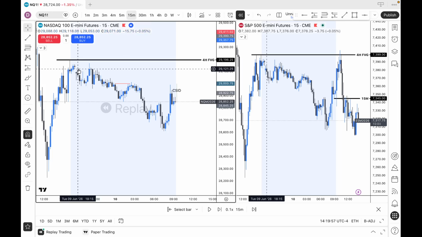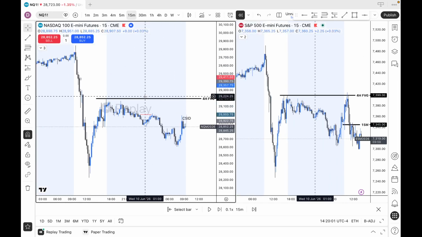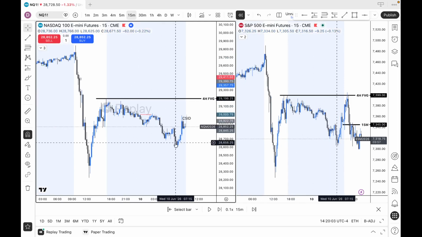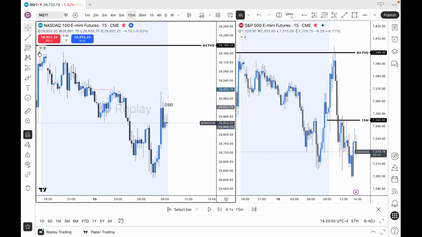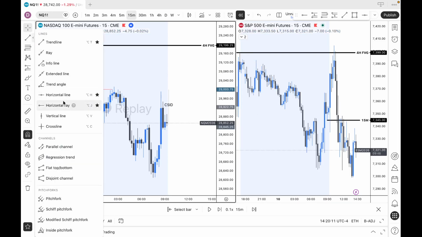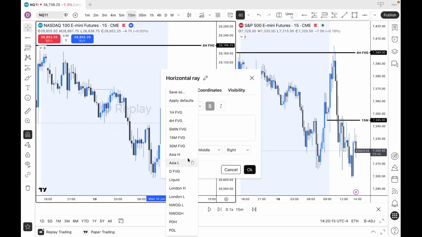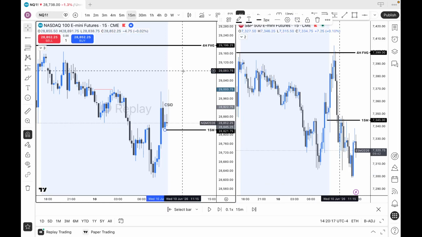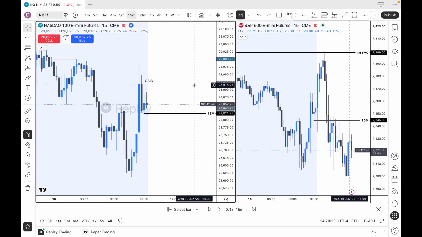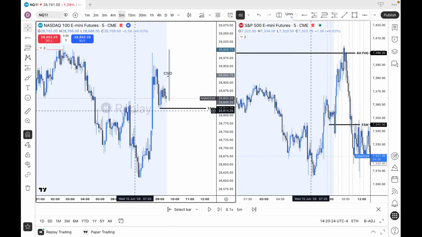A new day opening gap, meaning that price would probably rebalance up to here. 4 hour unmitigated gap. All this LLR or LRL, low resistance liquidity, and then you have these gaps down here. So price was honestly really good today. It always is good, I feel like, on CPI because you just have clear draws.